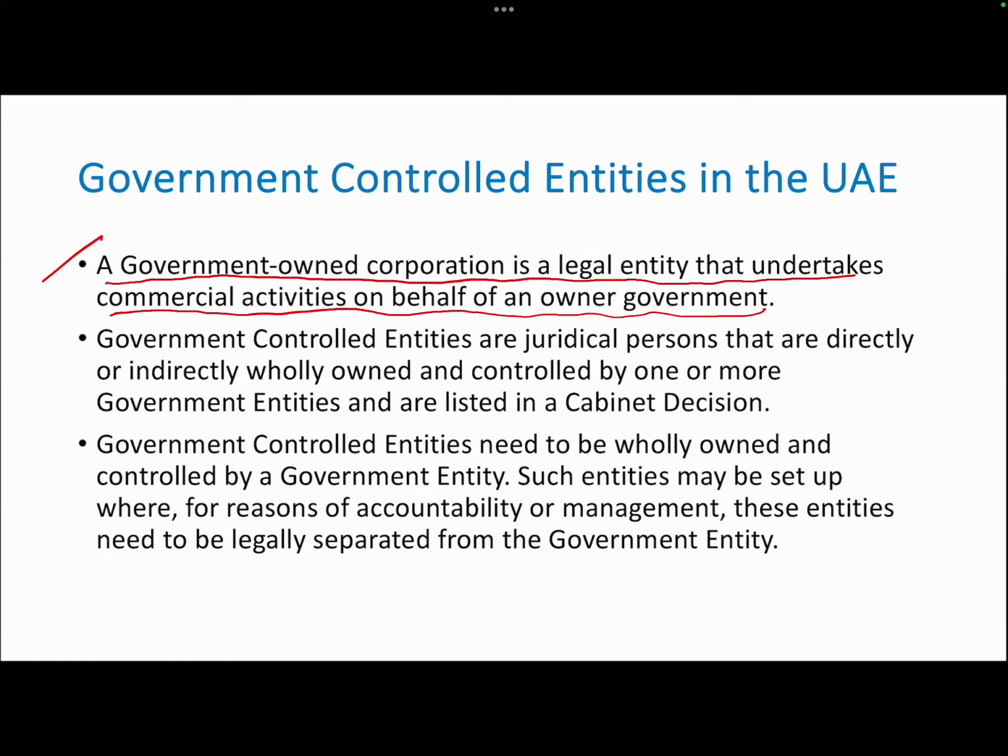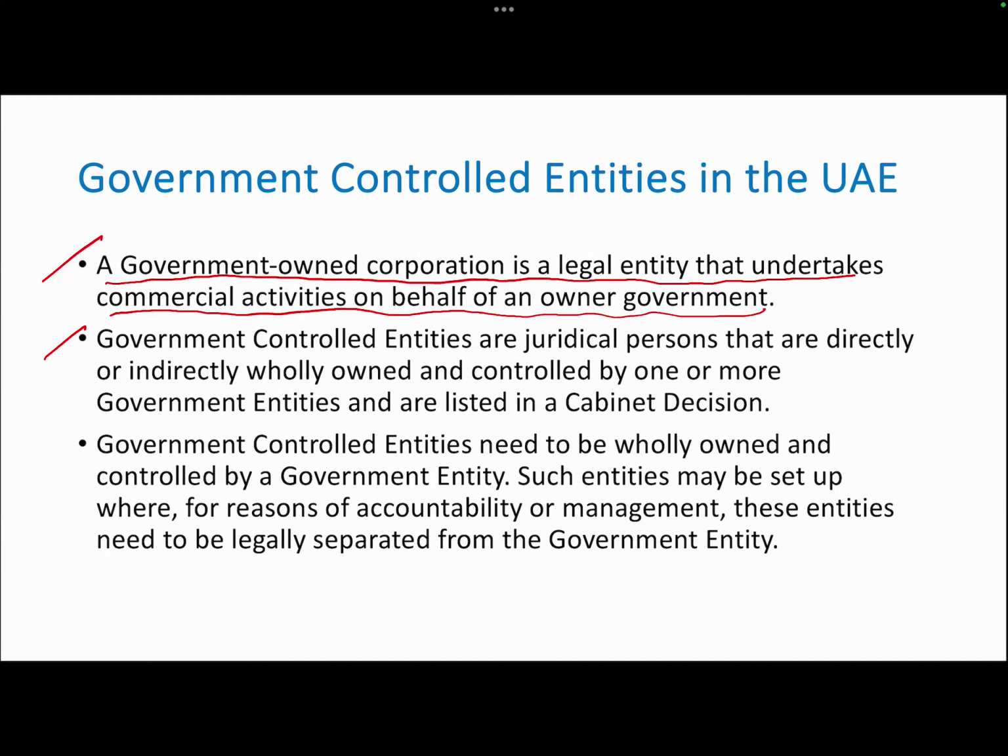So basically, if I think about Amer centers and Tasheel centers, these are government-owned corporations, but they undertake some commercial activities on behalf of the government. Second point, government-controlled entities are juridical persons that are directly or indirectly wholly owned and controlled by one or more government entities and are listed in a cabinet decision.